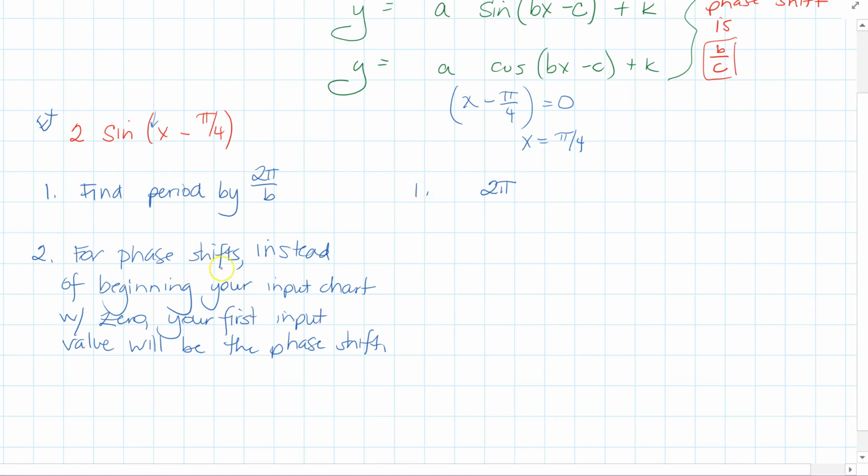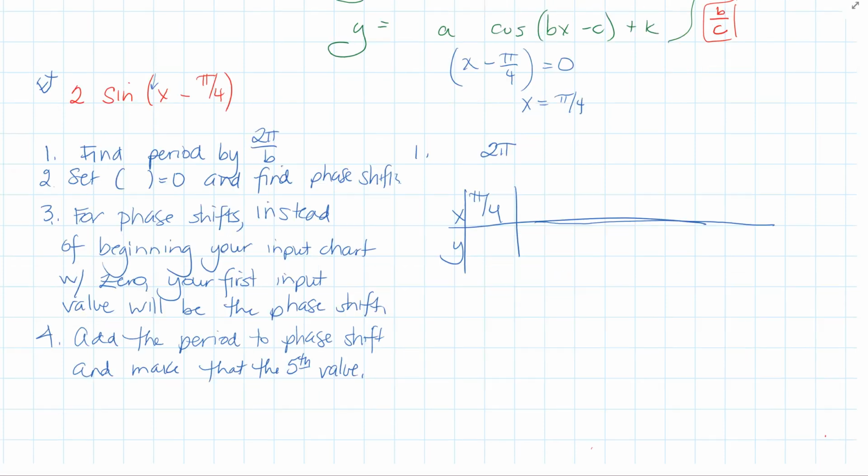Step 2, for phase shift, instead of beginning your input chart with a 0 like you normally do, I want your first input value to be the phase shift itself. So if I start my chart, the first thing in this case is going to be pi over 4 because we determined that was the phase shift. So I guess I should have said step 2 is set the parentheses equal to 0 and find the phase shift.